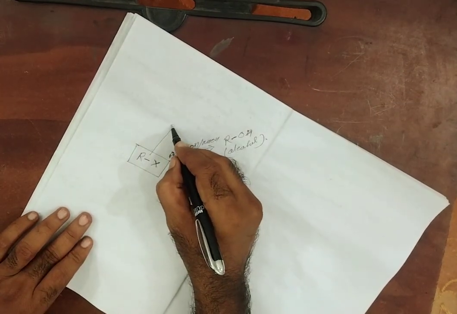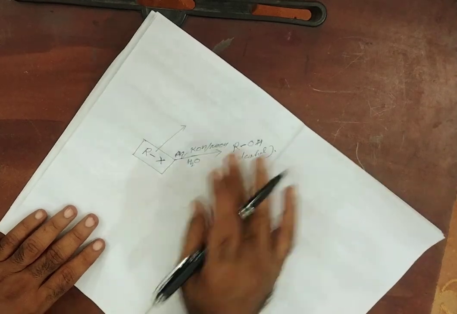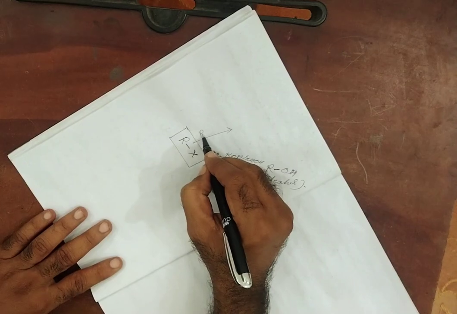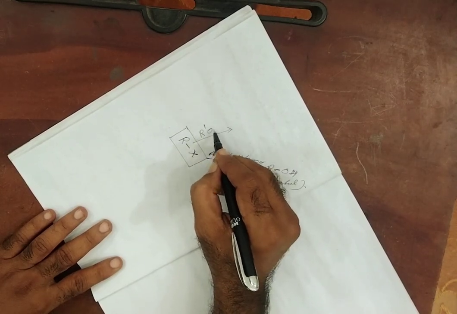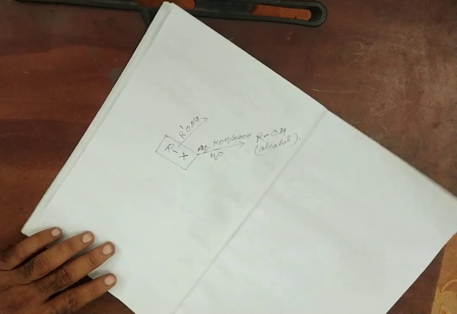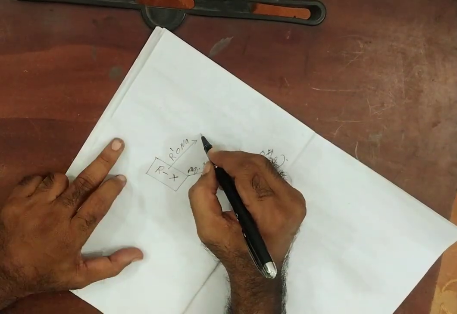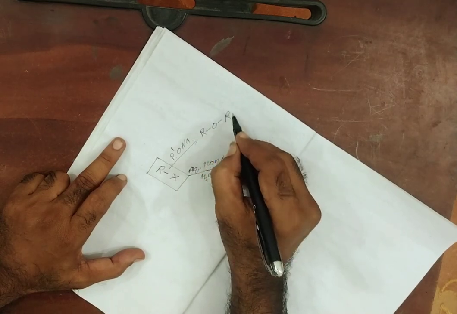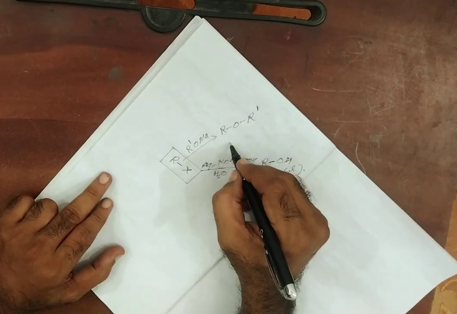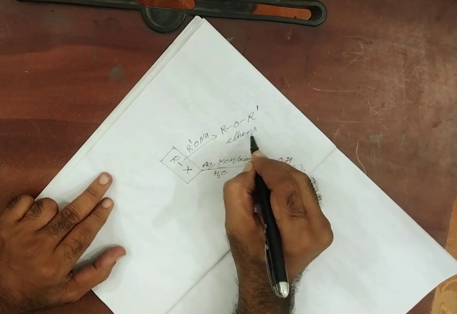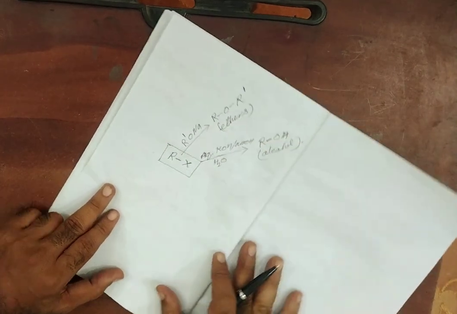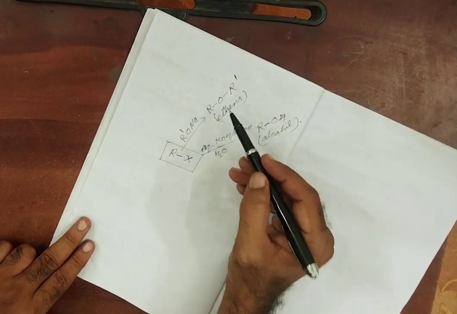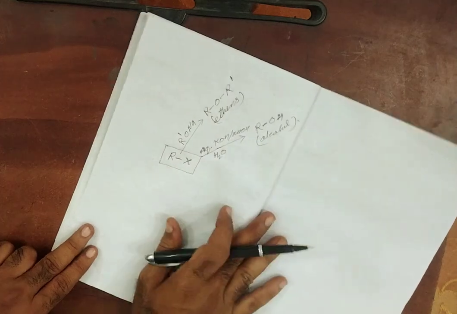If the alkyl halide is treated with sodium alkoxide, that is R-ONa, then we will have R-O-R dash, that is ethers. So on treatment with sodium alkoxide, alkyl halides get converted into ethers.